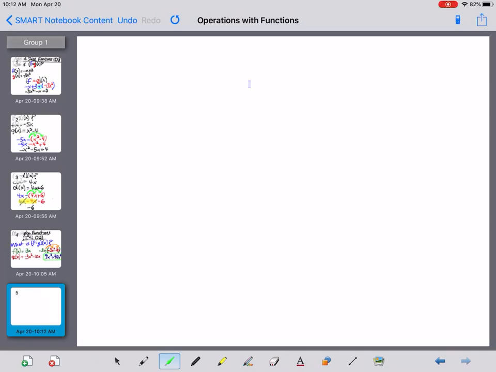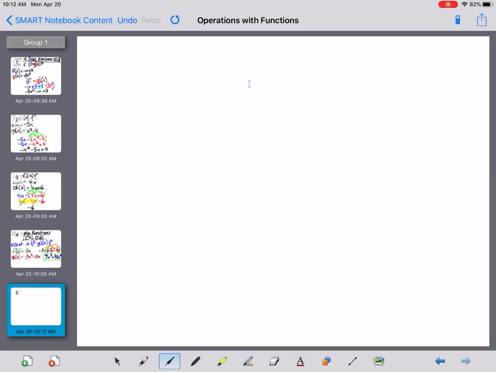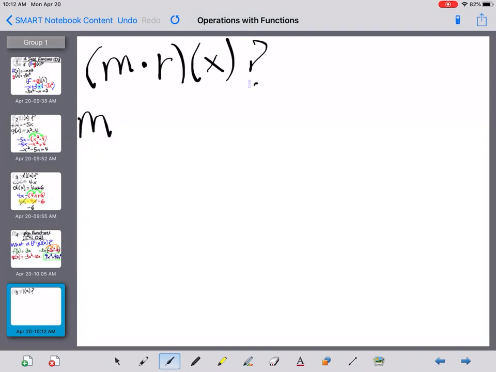So on this one, we have m times r of x. And that's really all you're doing on this skill here, is you're just multiplying. We're not doing anything else. So we have m of x is equal to negative 4x plus 6.